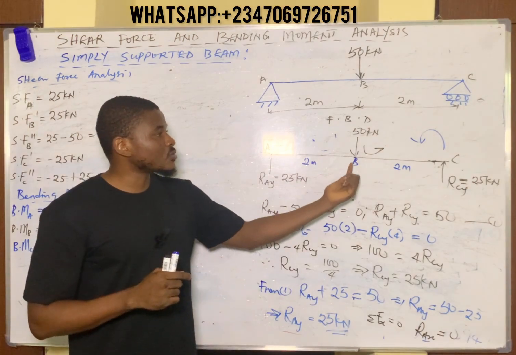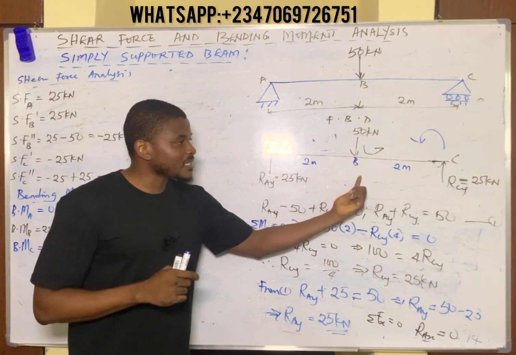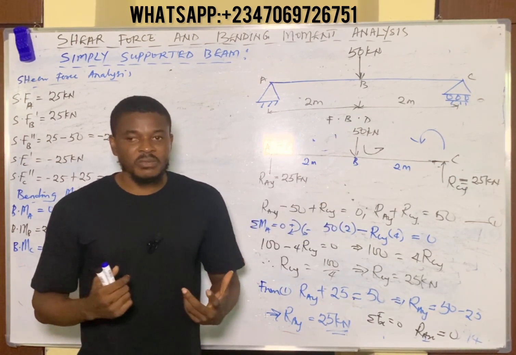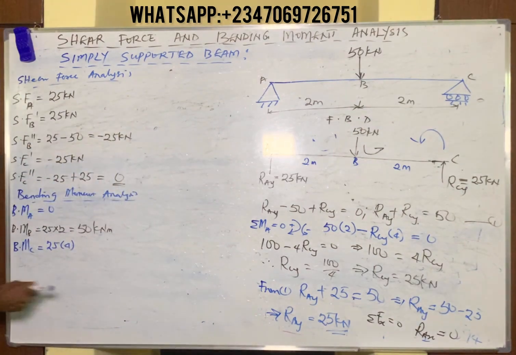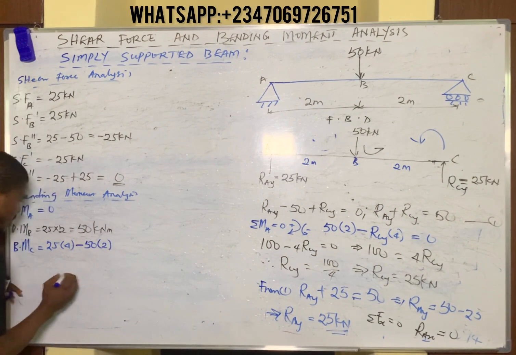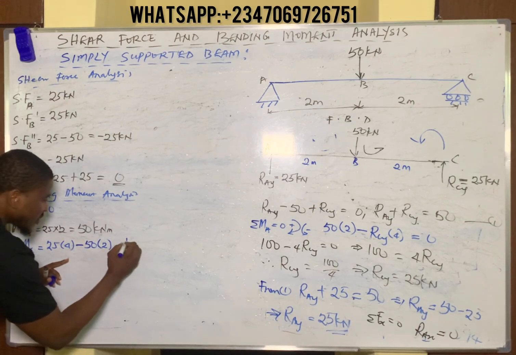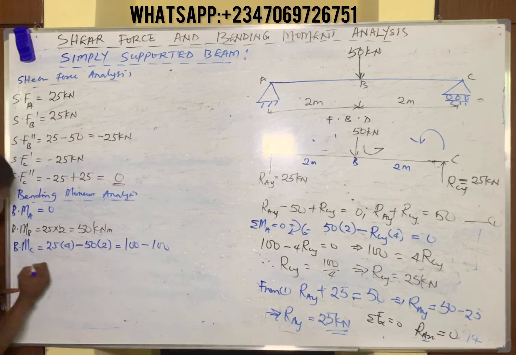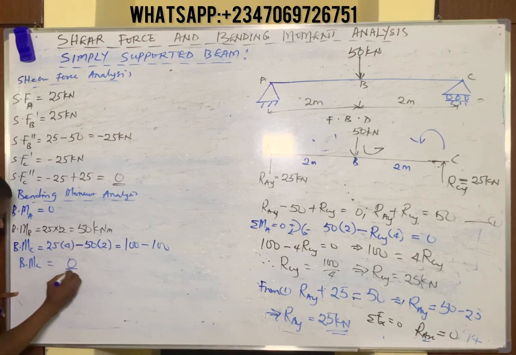So this is going to be negative 50 times the total distance it takes this force to get to point C, which is 2 meters. So you have minus 50 times 2. This is equal to 25 times 4, which is 100, minus 50 times 2, which is also 100. So this simply means bending moment at point C is equal to 0.